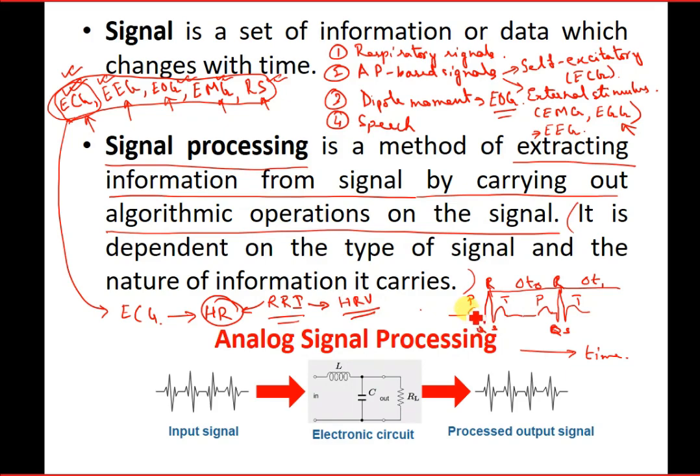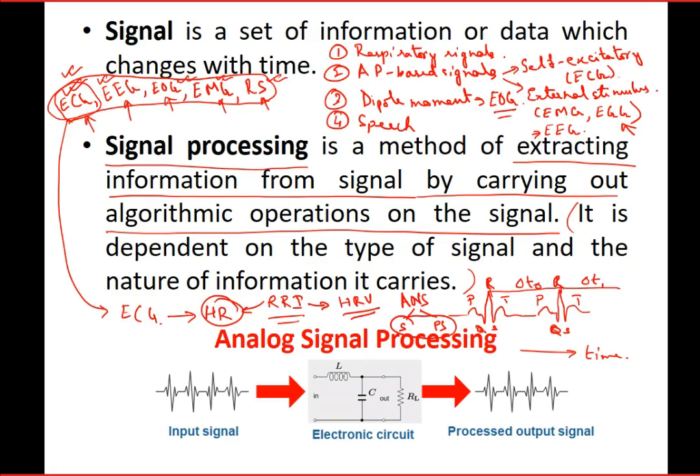The reason is that our heart is innervated by the autonomic nervous system, which has two branches, the sympathetic nervous system and the parasympathetic nervous system. The activity of these two nervous systems helps our heart to maintain the heart rate.